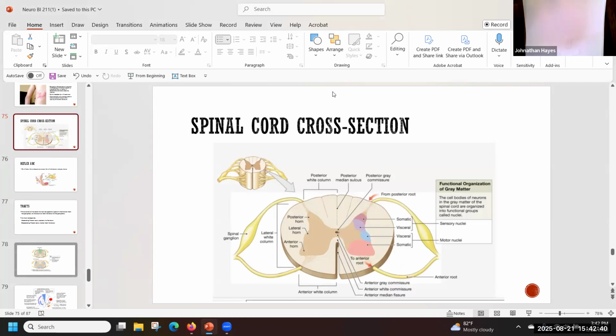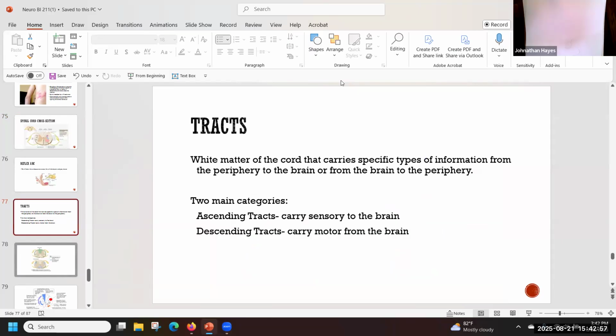From the brain, we process that information. It's going to come back down a different tract, and then it's going to exit the cord and go back out to the body. So in that case, the cord is serving as a conduit, a connection between the brain and the body, right? So tracts describe that upward and downward communication along the cord, and they follow different regions of white matter in the cord.